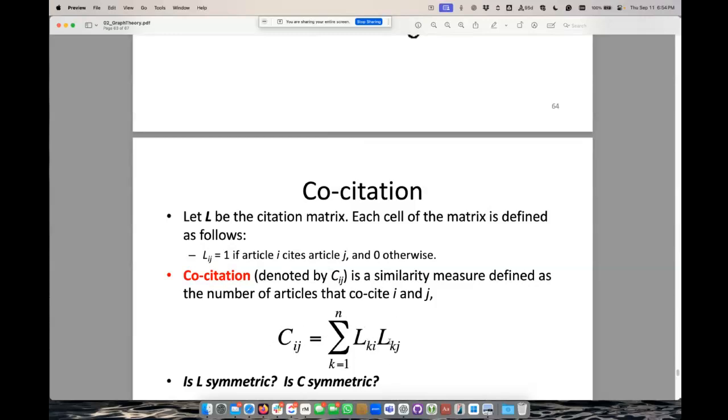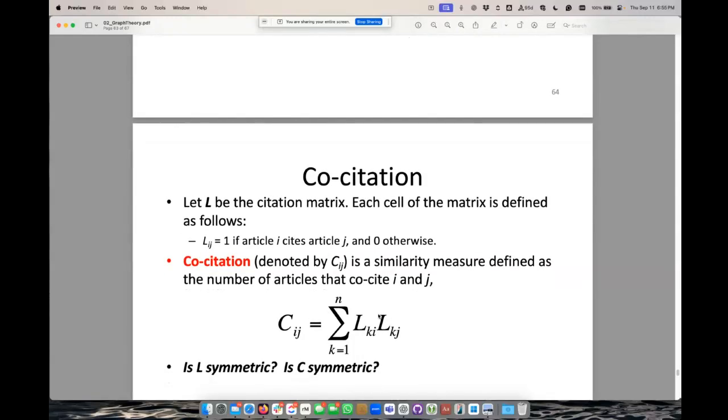So ultimately you will see a whole number here, positive, which will tell us how many papers have cited both I and J. So that's basically a count of the total number of papers that have cited both I and J. The higher that number, or the closer that number is to N, the more similar these two papers are, right? So according to the co-citation phenomenon, we can then say that these two papers are highly similar if that sum is close to N.